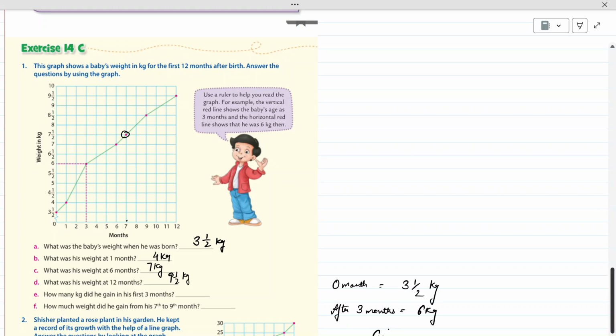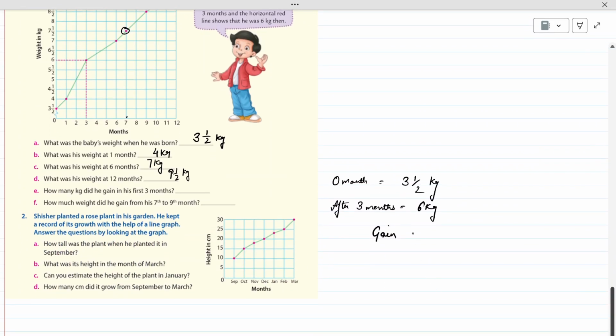By subtracting these two. So gain is equal to 6 minus 3.5 kgs, which is equal to 2.5 kg. So that means in 3 months the baby has gained 2.5 kg of weight.